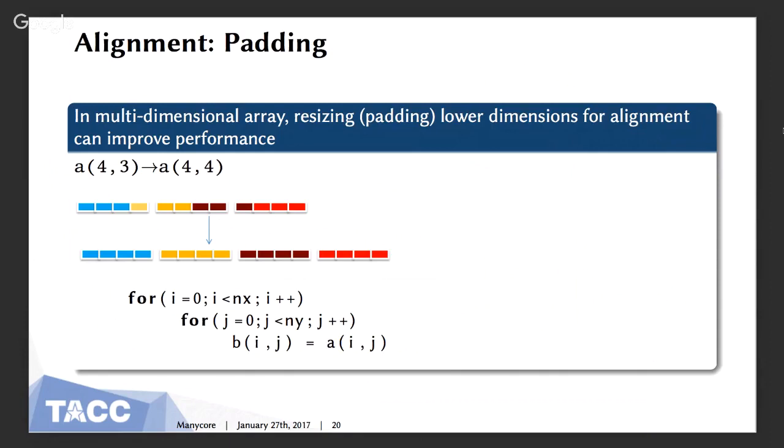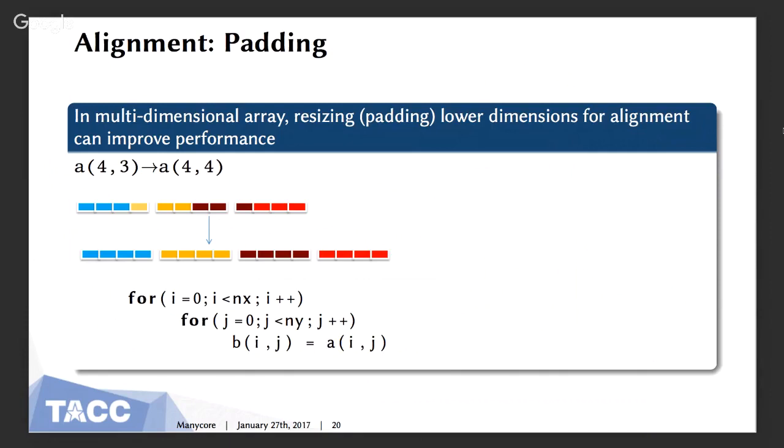The next row's 3 data elements are in yellow, and so on. You can see that I'm going to be doing unaligned loads all the time. I'm going to have to pull the 3 blue elements, then I'm going to have to pull 1 of the yellow, then I'll have to do another load for the rest of the yellow, and so on.